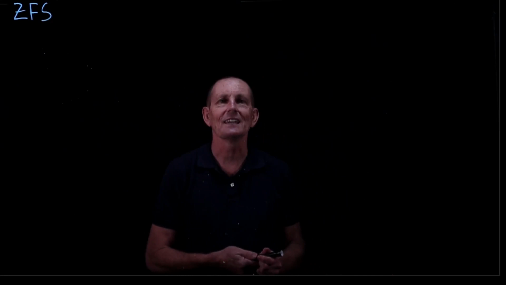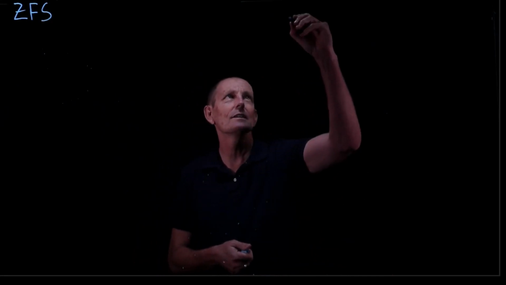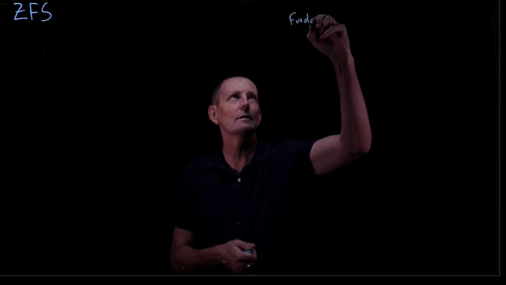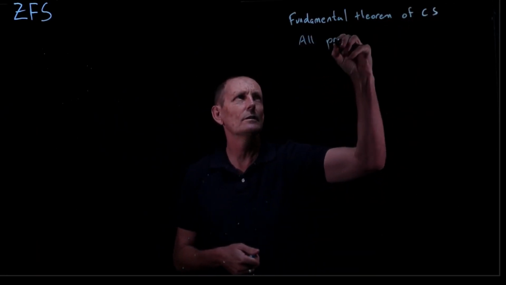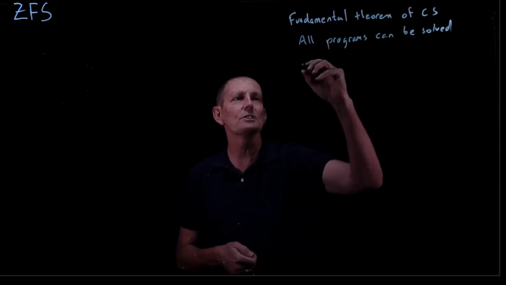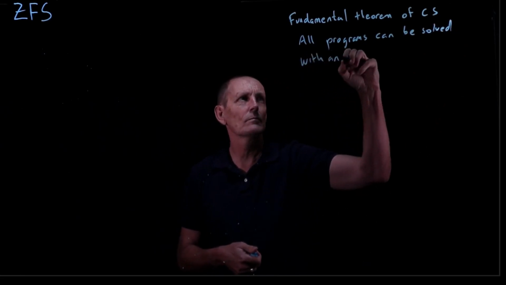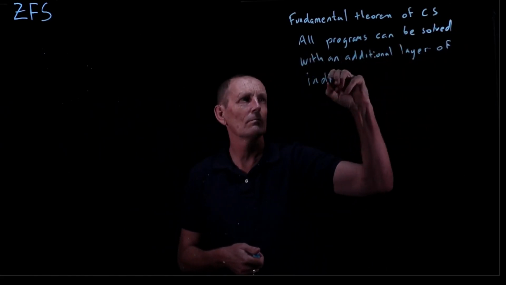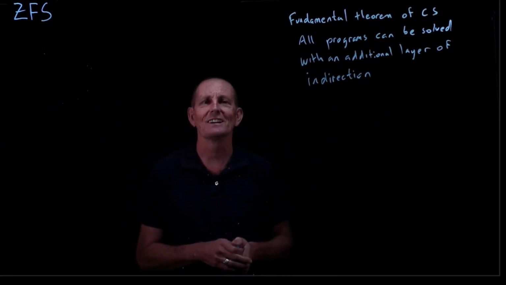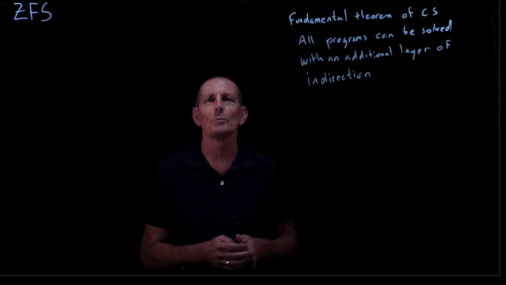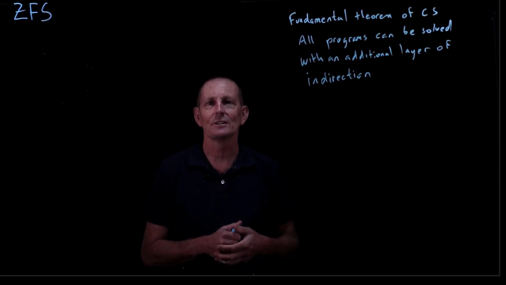There is a saying in computer science that the fundamental theorem is all problems can be solved with an additional layer of indirection. There's an associated, I think, theorem of optimization, which says that all programs' speed can be improved by removing a layer of indirection.